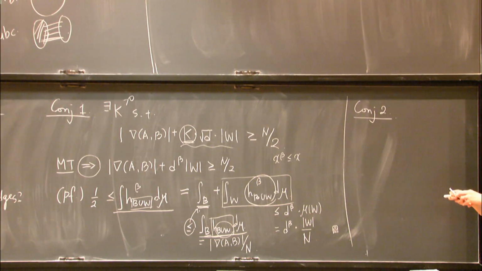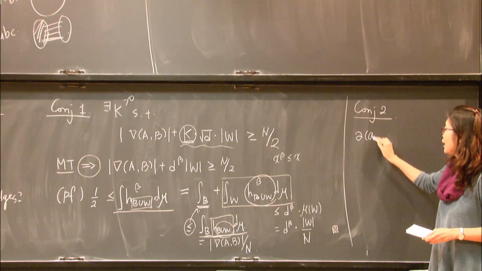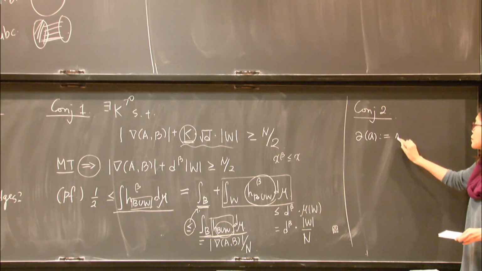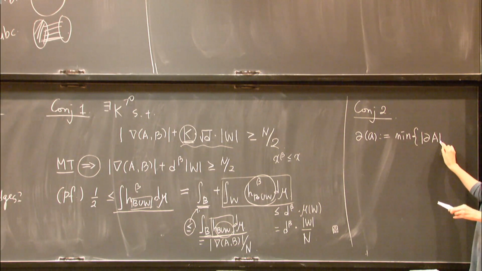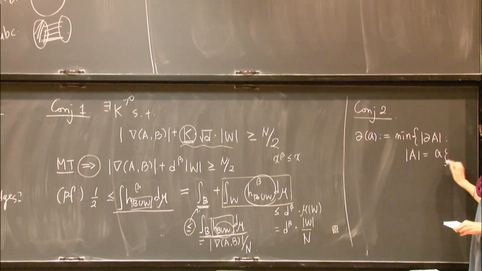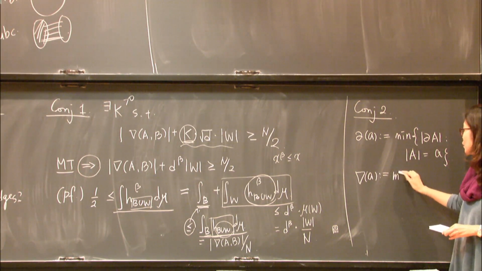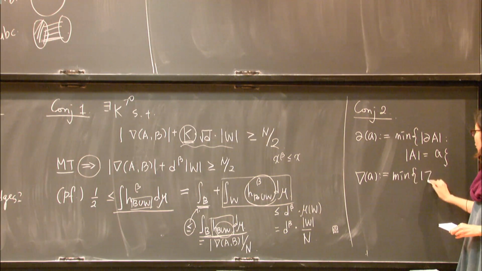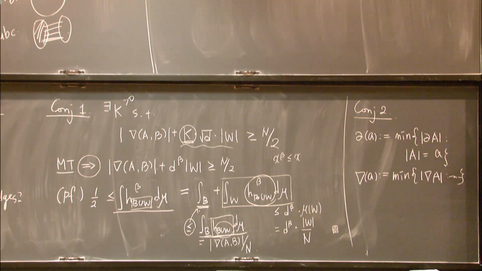So conjecture 2 says that we need some more definition. We define this for the minimum size of the vertex boundary, where the size of A is exactly A, and nabla A is the minimum size of nabla A, where the same.